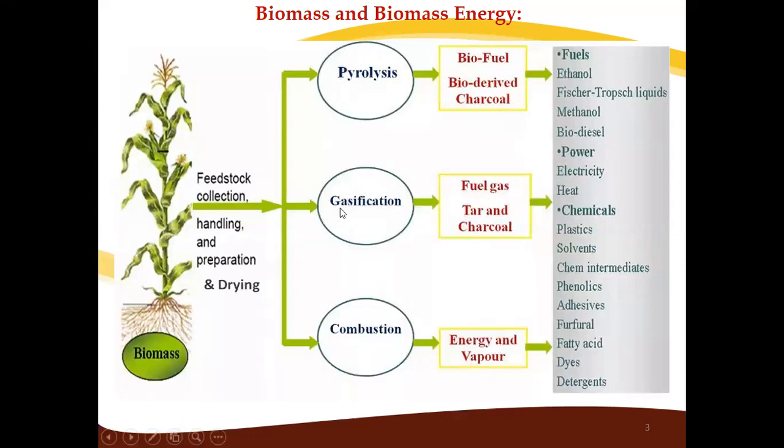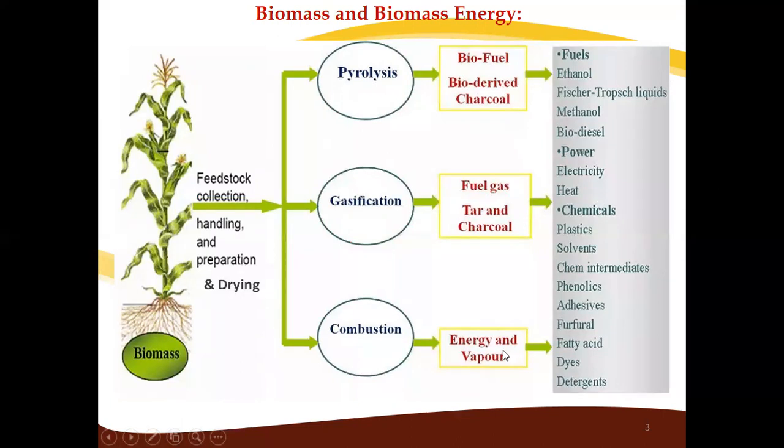Another method is gasification, where it forms a fuel gas that is called tar or charcoal. And the third one is pyrolysis, from which we get biofuel and bio-derived charcoals. So we have biofuels like ethanol, methanol, biodiesels.